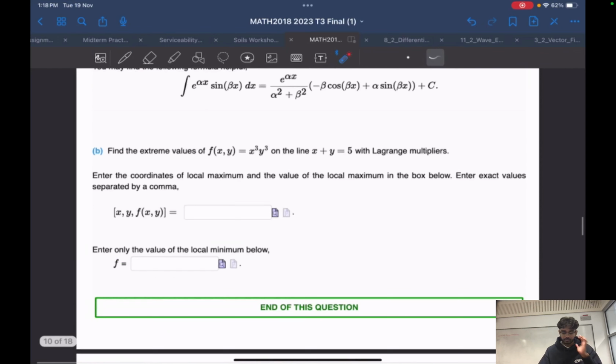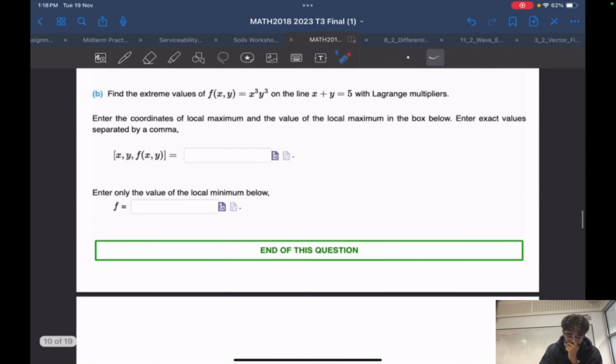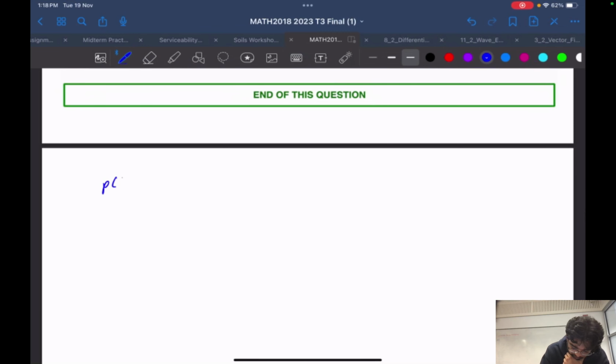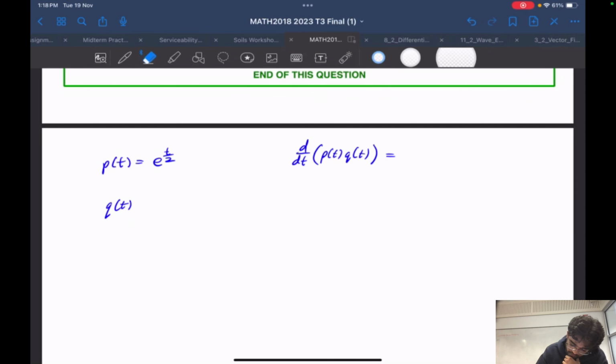It's a bit long, just a tad bit long, but I'll quickly show you how to do it. As I said earlier, P of t is equal to e to the t over 2. I'll quickly show you what I meant actually. d over dt of P of t Q of t is equal to P of t times 8 times 2 plus sine 4t.